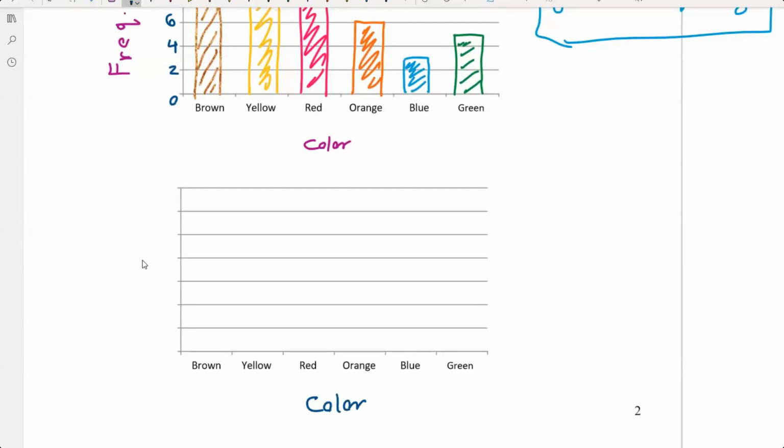Now this part, instead of frequency, is relative frequency. And here on top, this one is bar graph, again for M&M.